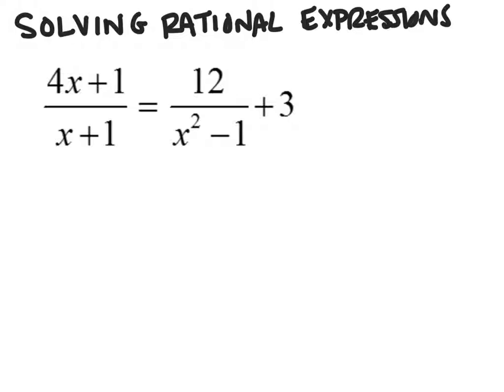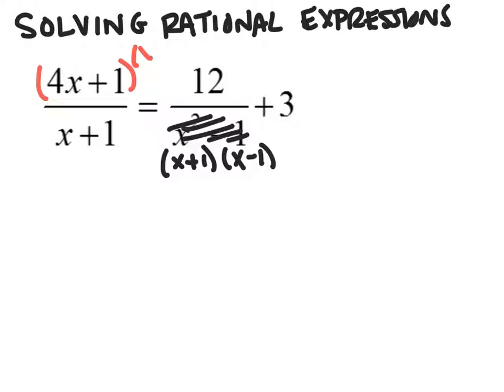First of all, the one thing you should notice is that you can factor this denominator. And in doing so, you can now, I think, a little easier see what we would multiply everything by. So in this case, we're going to multiply all the terms by x plus 1 and x minus 1.